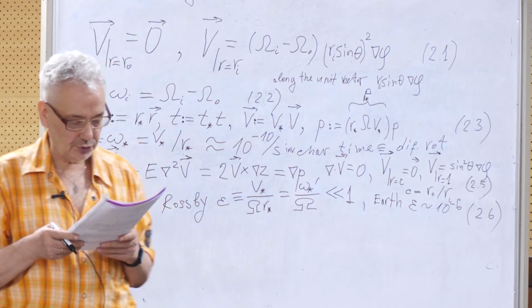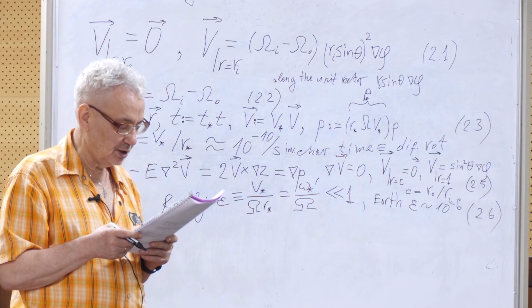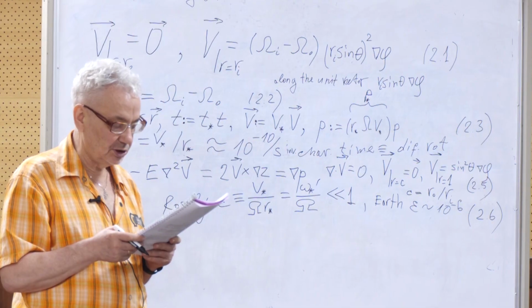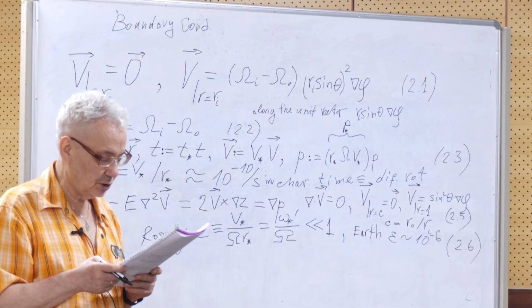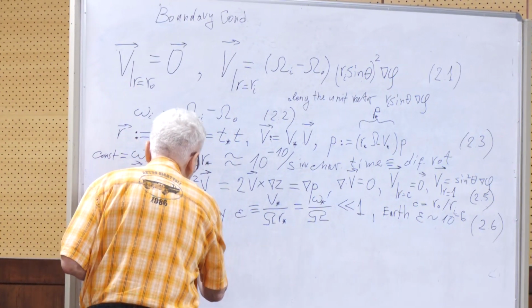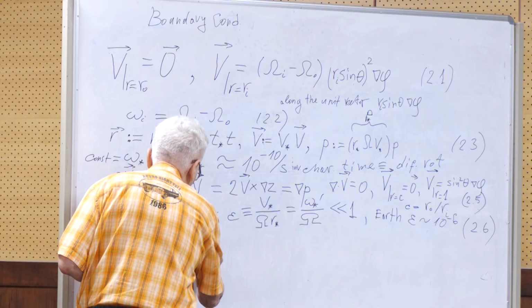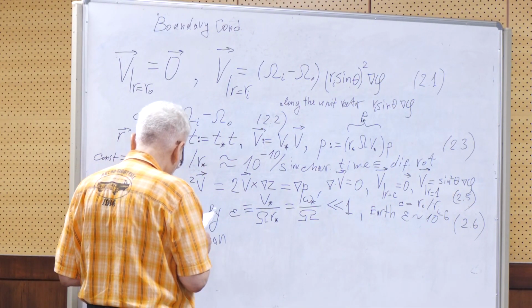a very strong influence. And the next number is the Ekman number, which is determined by the ratio of the characteristic value of the viscous force to the Coriolis force. And it's also quite easily can be seen.